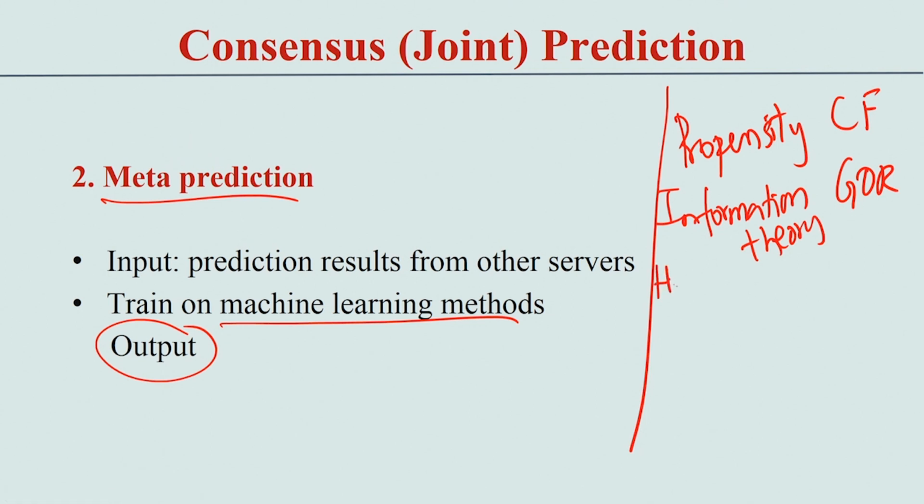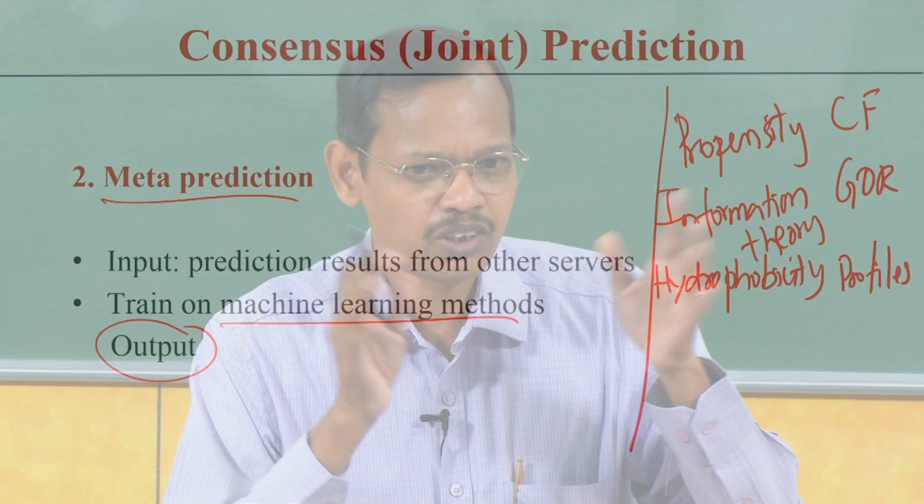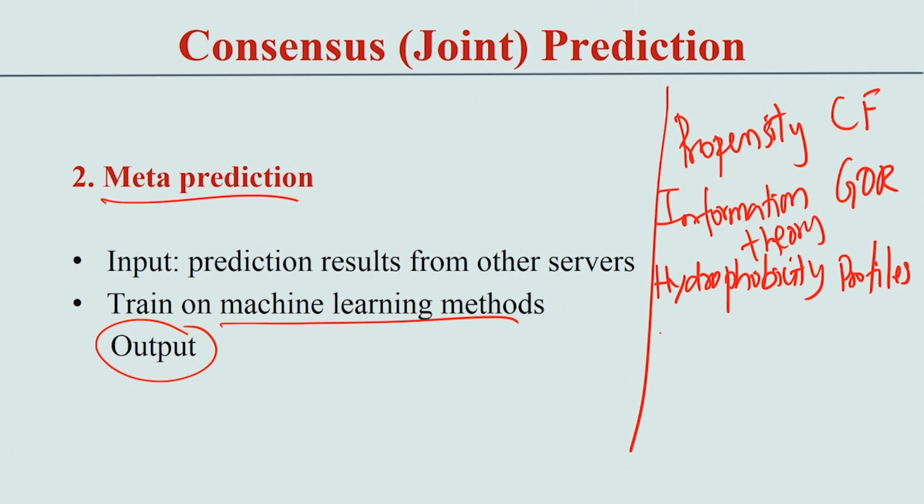Then we put the hydrophobicity profiles. Here we can predict with the single values as well as with the average windows, and then we discussed the multiple sequence alignment, MSA.